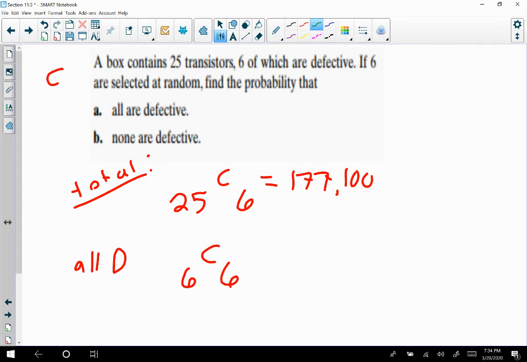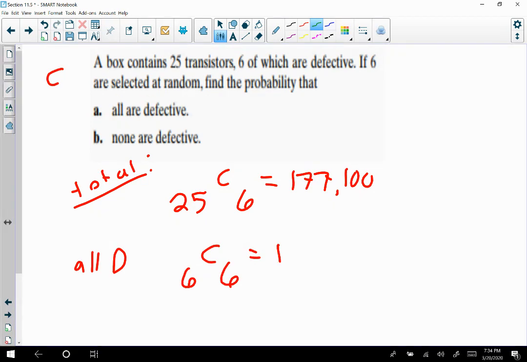I can't remember, so let's just say there were 5 women and we wanted to choose 3. In this one, we just care about the defective, not the non-defective. So that's why it's 6 choose 6. And if you remember me saying at the beginning of this lesson, whenever you have a combination and the total number and the r are the same, the value is 1 as an answer.